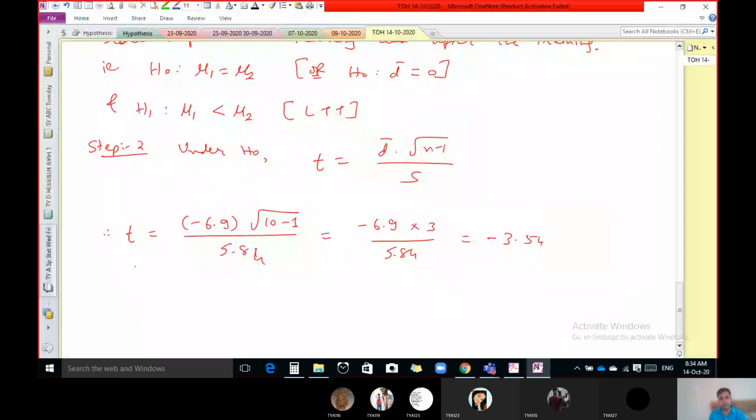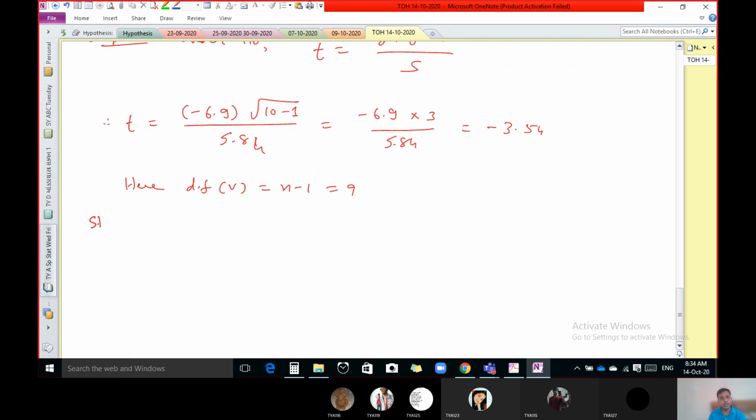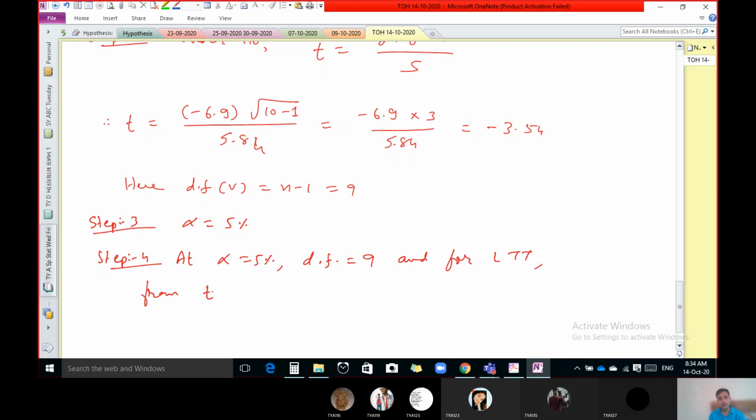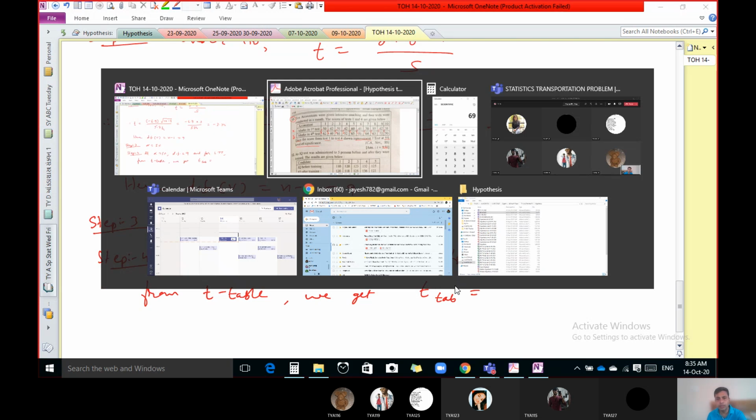Okay. Now next step. Here the degree of freedom, v equal to n minus 1. That is 9. And step 3: alpha equal to 5%. Step 4: at alpha equal to 5% and degree of freedom equal to 9, for a left tail test from the t table we get the value.